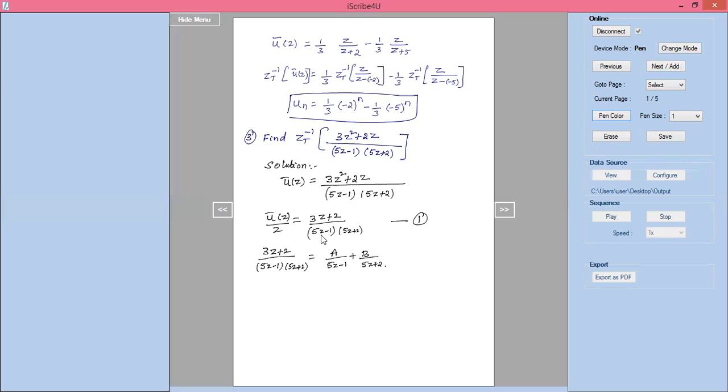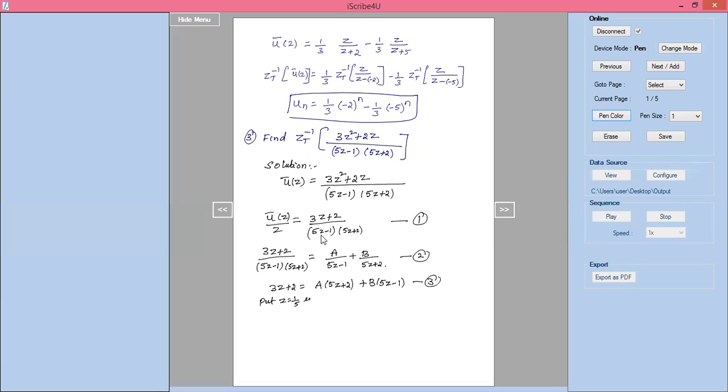Now we'll cross multiply this, we'll get 3z plus 2 equal to a into 5z plus 2 plus b into 5z minus 1. Say this is equation 2 and this is equation 3. Put z equal to 1 by 5 in equation 3.